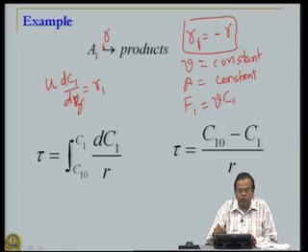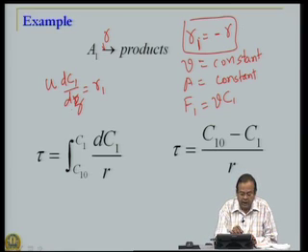So, you substitute R1 as minus R and rearrange this. Take dz on one side, bring R1 and do the rearrangement.